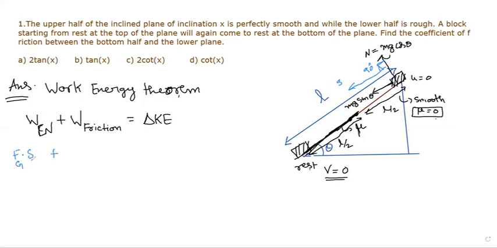We write Fg times S, that's the displacement, and here the frictional force, small f. That's the frictional force which is acting. It's the kinetic friction, because the object is moving, which is making the movement. And now the displacement in the friction comes in the halfway, so this is a different displacement, which is like s by 2.